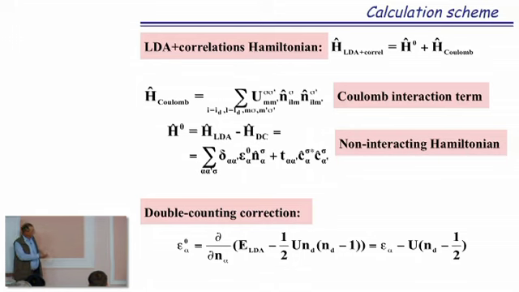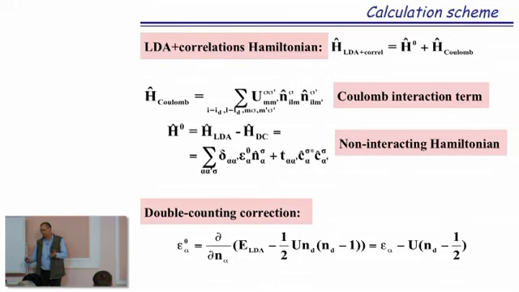So that's the Hamiltonian, and there is the so-called double counting problem, because in density functional we already have Coulomb interaction, but in an average form. So we should subtract the average term and add the full-scale interaction.